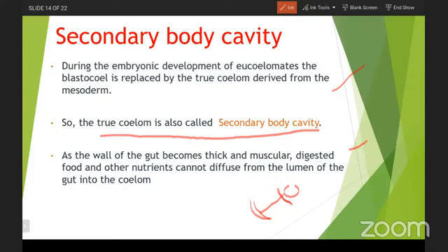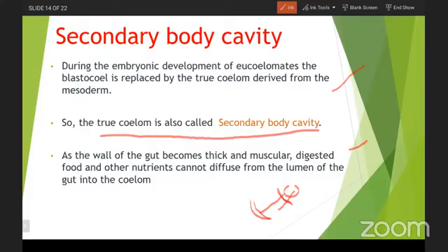So it is very difficult for the digested food to be shifted from the gut lumen to the outer side. For that reason only, such animals have a circulatory system, a transport system for the transport of such material.